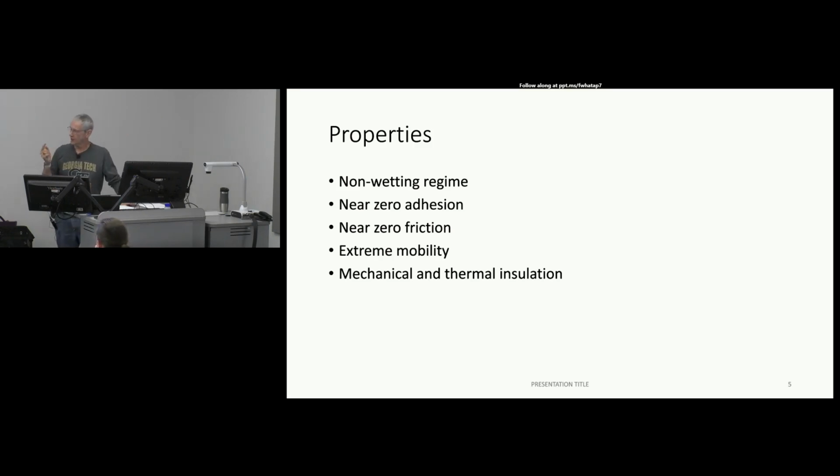You'll see on one of the slides a little bit later where they actually use a pen to hold the Leidenfrost drop in place so they can do measurements on it. Otherwise, you can't place it so exactly that it will sit unless you're using some sort of curved surface to contain it. And the vapor layer itself provides excellent mechanical and thermal insulation. I'll show you a picture of cooking an egg with this later.